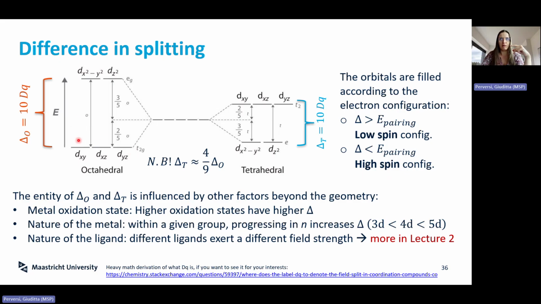So either you put your electrons 1, 1, 1, 1, 1, or if you still have 5, you put 1, 2, 3, 4, 5 instead of going up. This is the difference between what is called a high spin configuration, in which you try to maximize how many orbitals you're occupying, versus a low spin configuration.